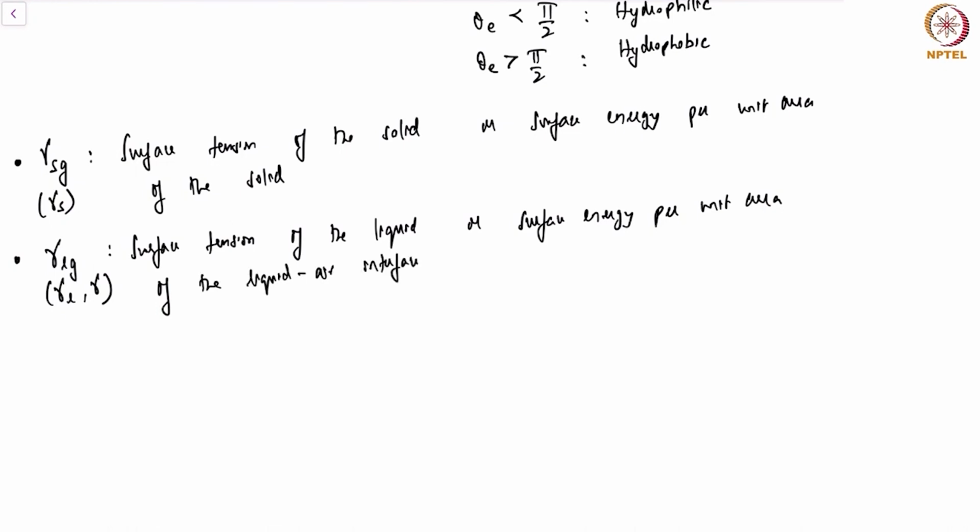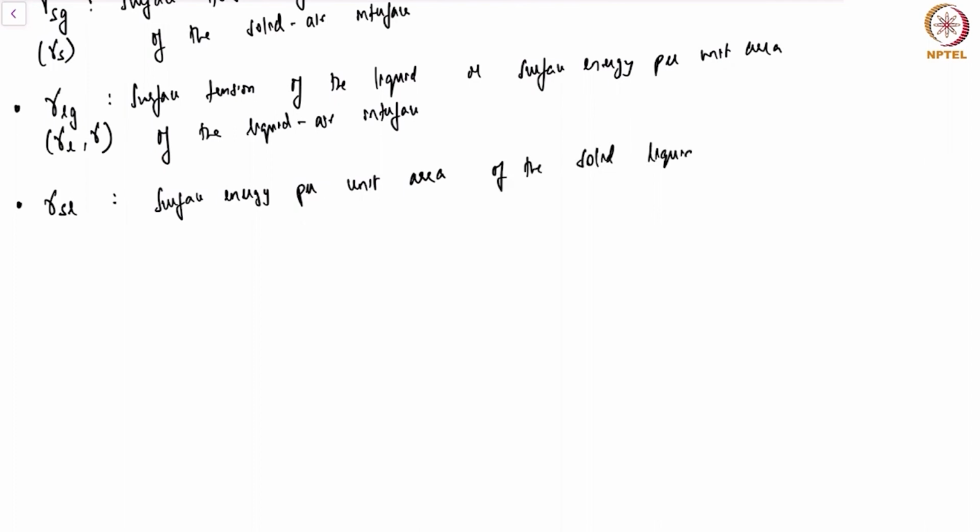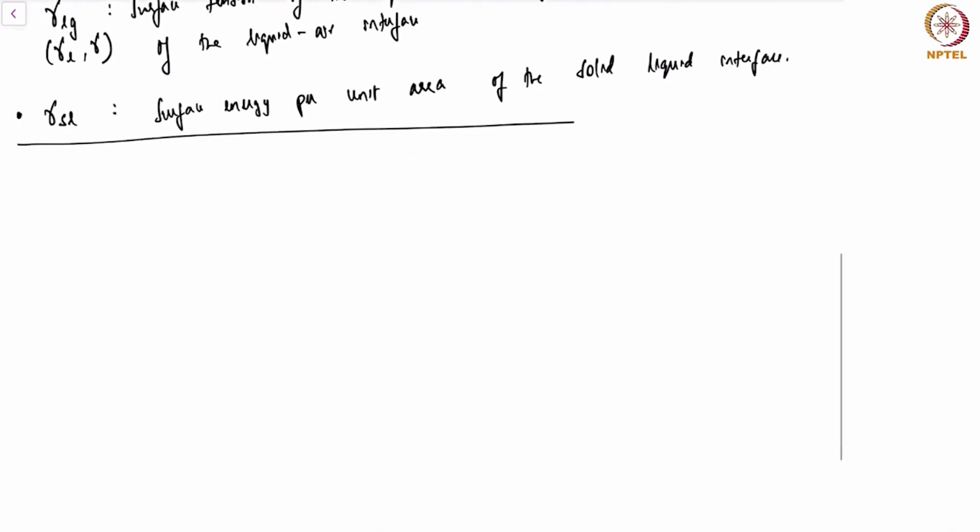In the previous case, gamma Sg represents the surface energy per unit area of the solid air interface. And finally, we have gamma Sl, which is surface energy per unit area of the solid liquid interface, right?